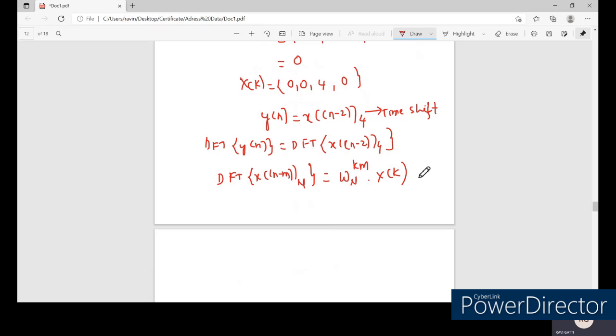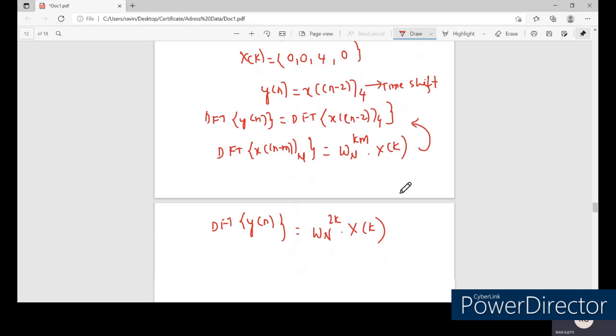If I correlate this with this expression, the DFT of y of n is omega N to the power of 2k into X of k.